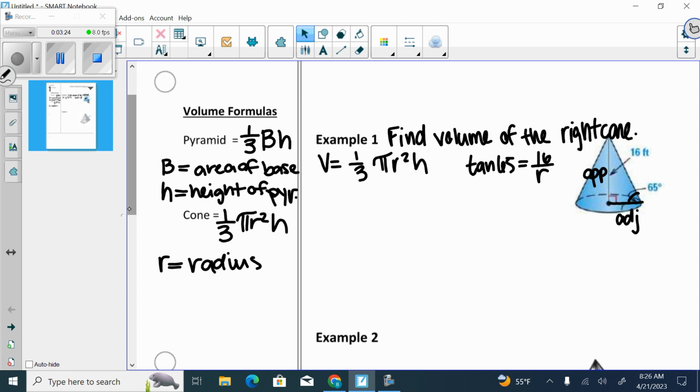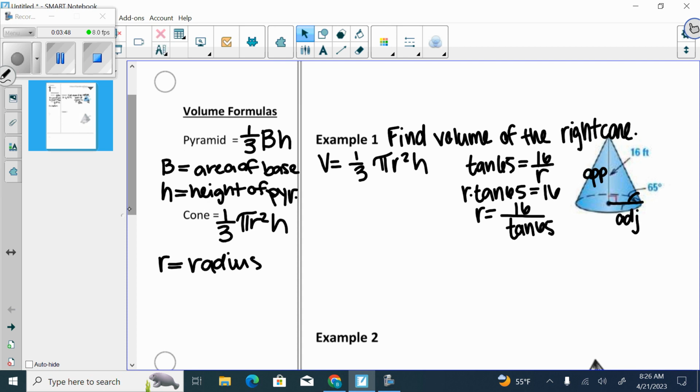All right, so we want to solve for R. What are we going to do? Okay, so then I've got R times tangent of 65 equals 16. Then what? Right. So R is equal to 16 over tangent of 65, right?